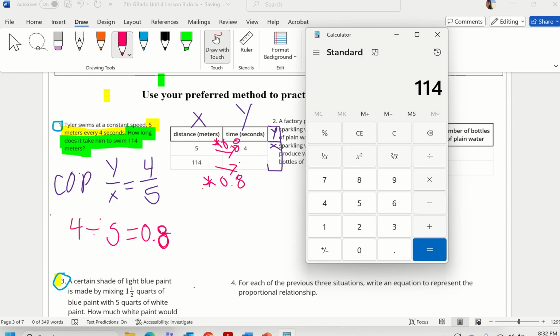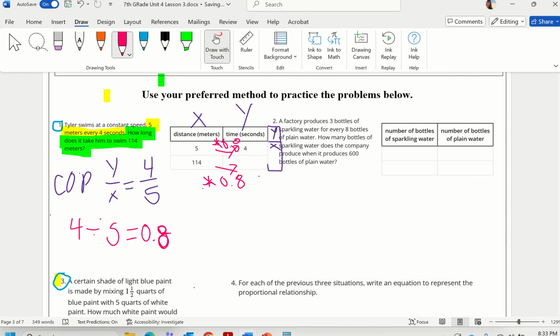I'm following my arrow, which tells me I have to multiply by 0.8, and that will give me the time in seconds. So please make sure, whoops, I wasn't supposed to give you the answer. Please make sure you're writing that in your table, the 114 times 0.8, and whatever you get, you should put up here.